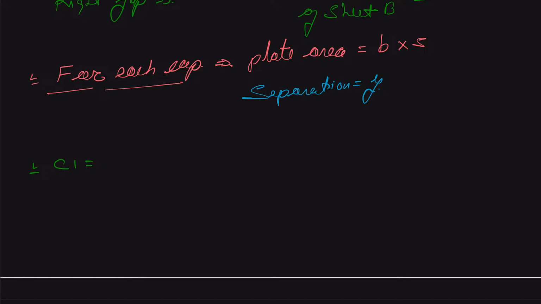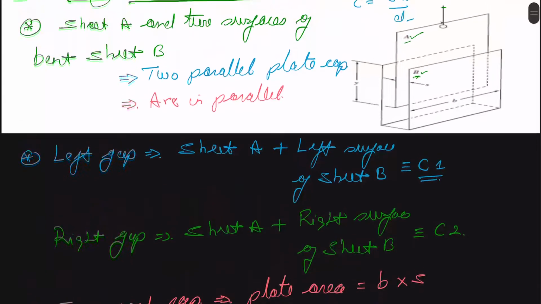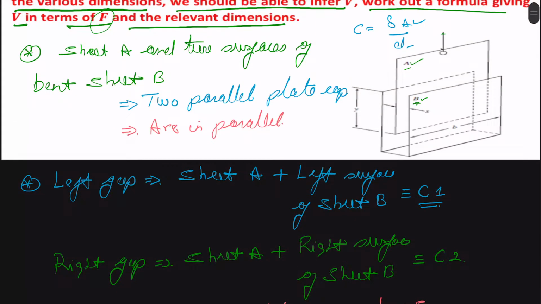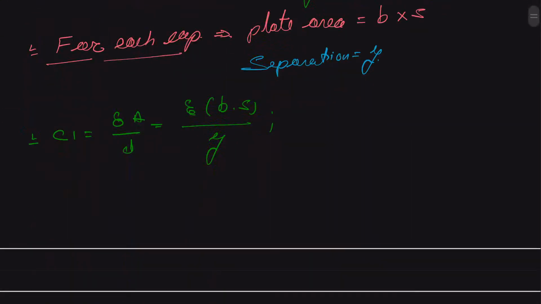Our C1 is epsilon naught A upon D, and this will come as epsilon naught B multiplied by S and divided by Y. And our C2 will also be equal to epsilon naught B times S divided by Y.